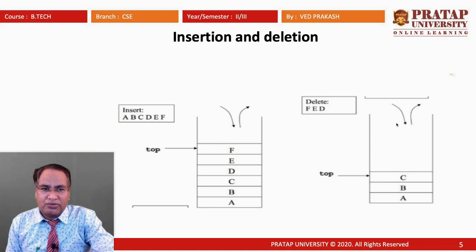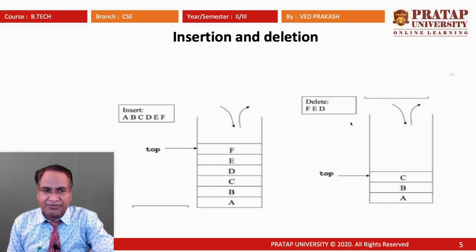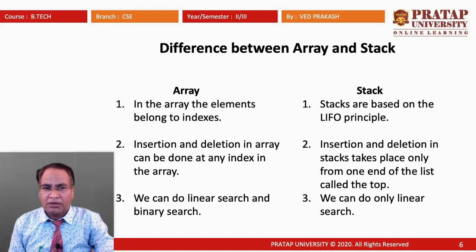Now when we want to remove, delete or pop out any element from the stack, first we select the position of the top variable, and after removing this element we always decrease the value of top by 1. So that is the process of deleting an element from the stack.